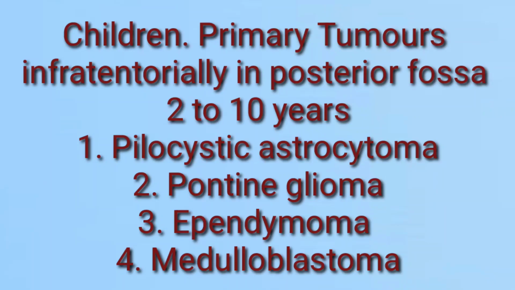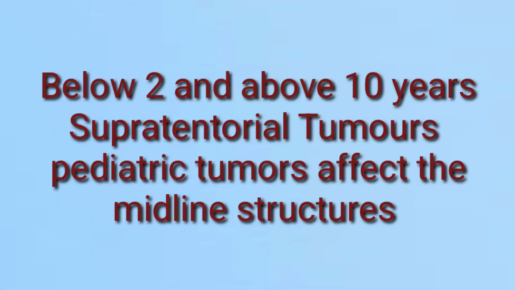Primary tumors in children are usually seen infratentorially in the posterior fossa, ranging from 2 to 10 years of life. The common one is pilocytic astrocytoma. You may see pontine glioma, ependymoma, and medulloblastoma as the common tumors of children in the posterior fossa.